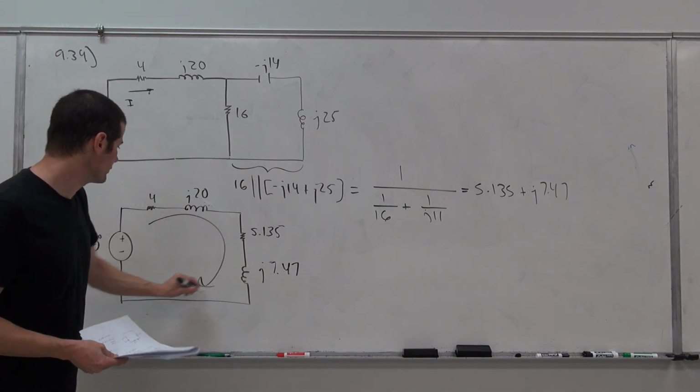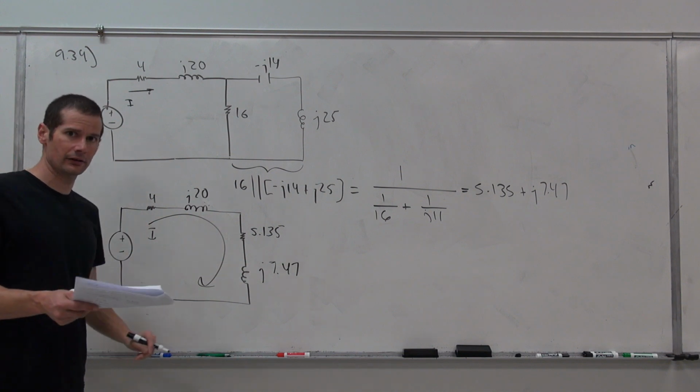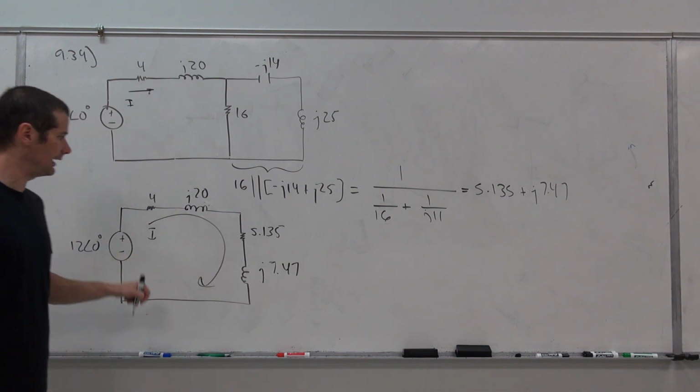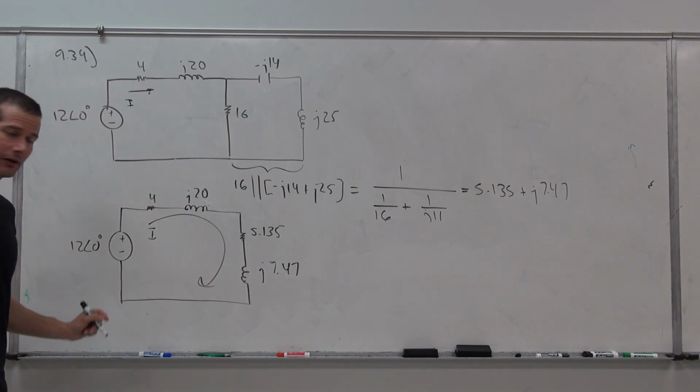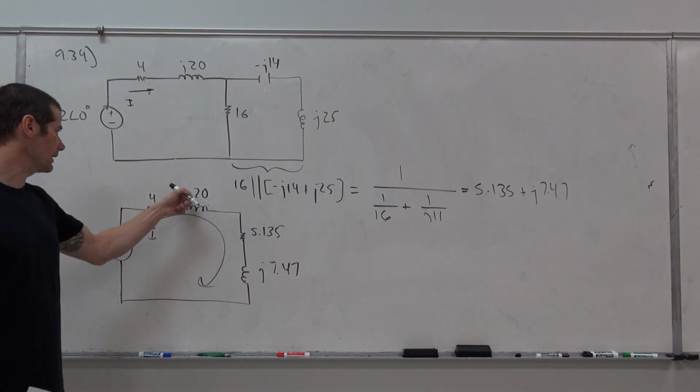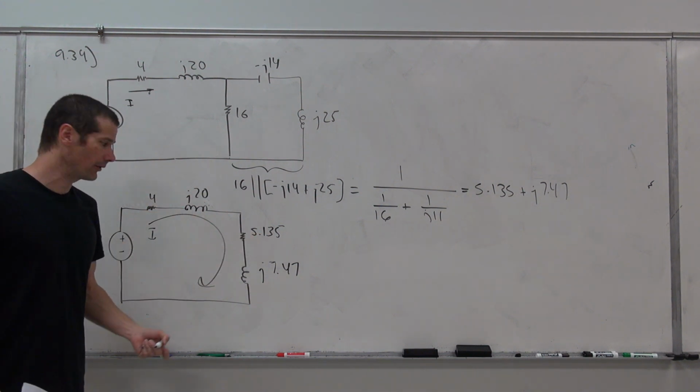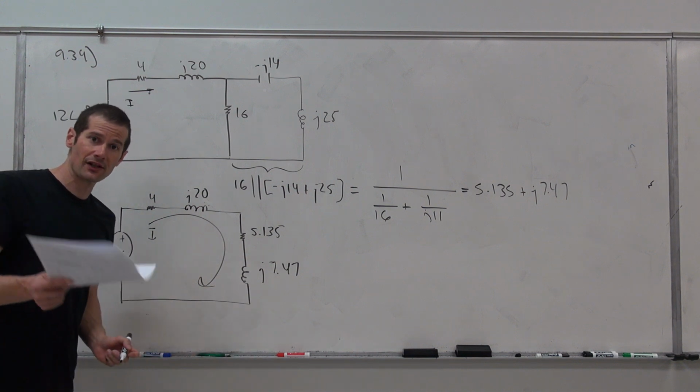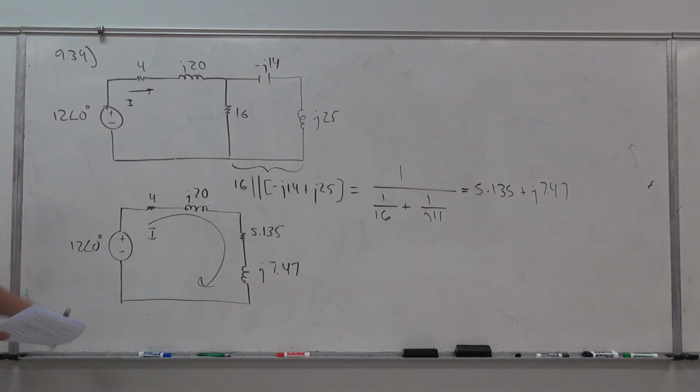And so from here we can go ahead and easily find that source current by looking at the single series relationship of every element here: 4 plus J20 plus 5.135 plus J7.47. Of course, here we have our source current.